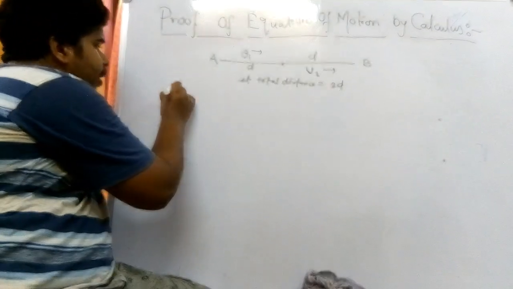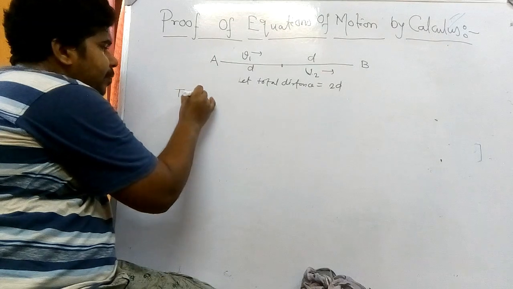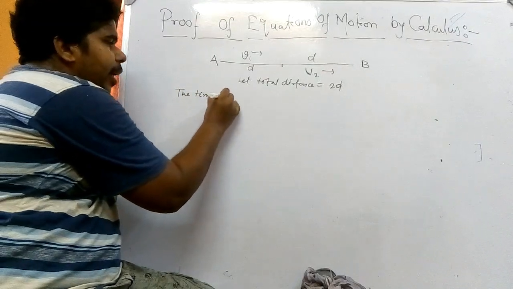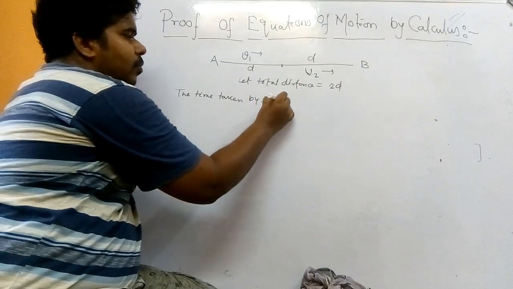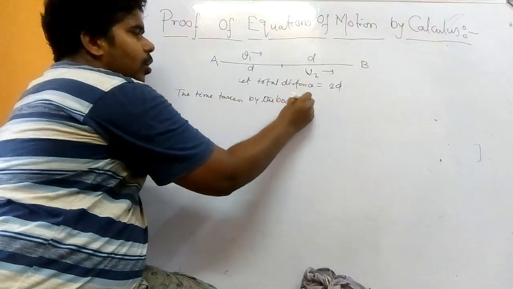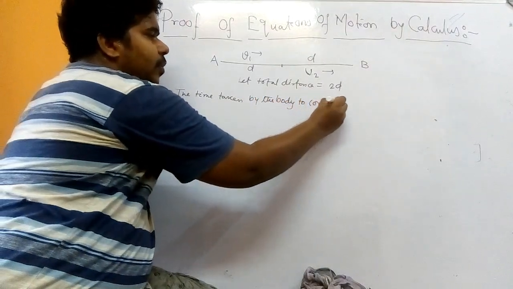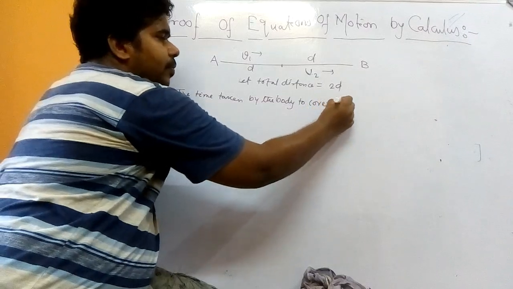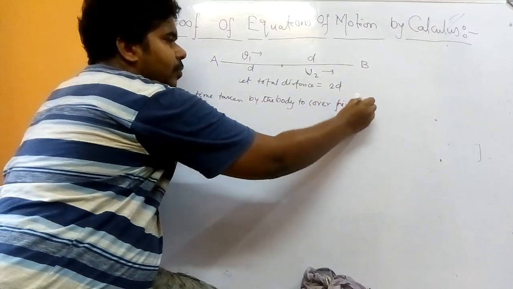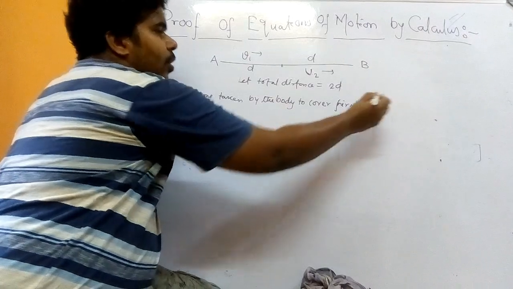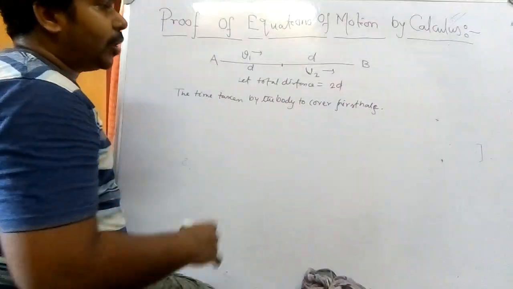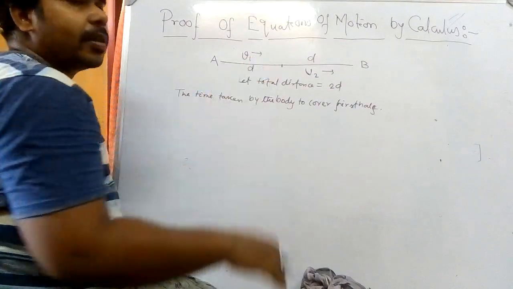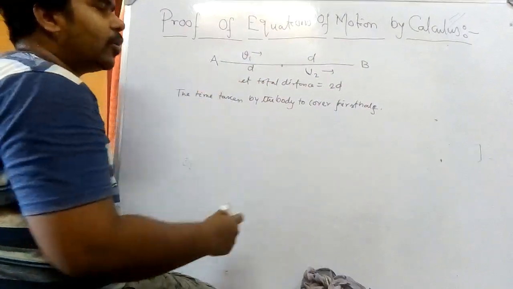So find the time taken by the body to cover the first half. How much time is taken to cover the first half? First half means how much distance? d. What is the velocity? v1.